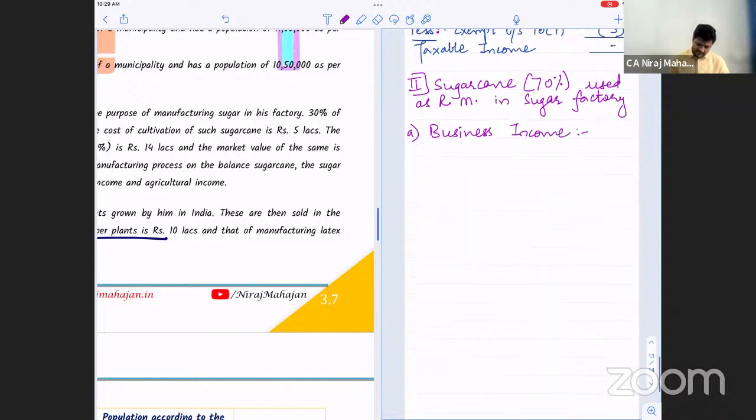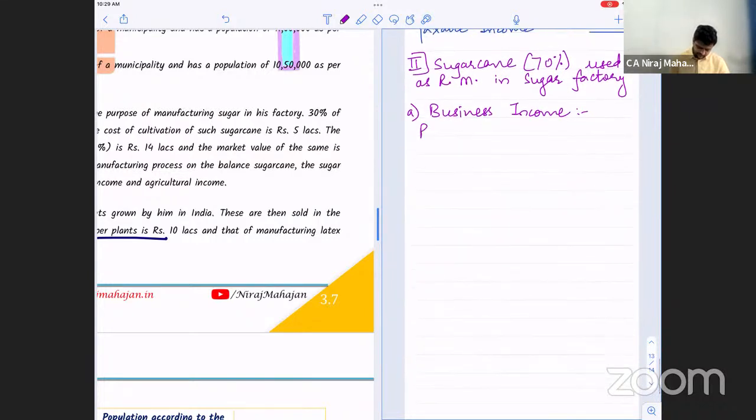Again, particulars and rupees in lakhs. What should be my first point? From where am I getting income? Am I selling sugarcane or sugar now?